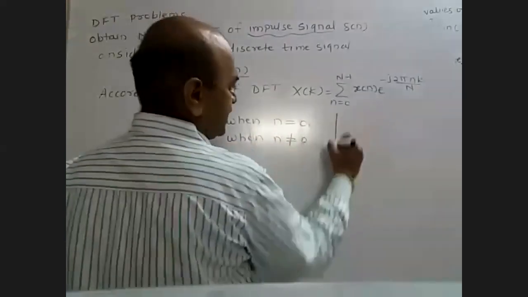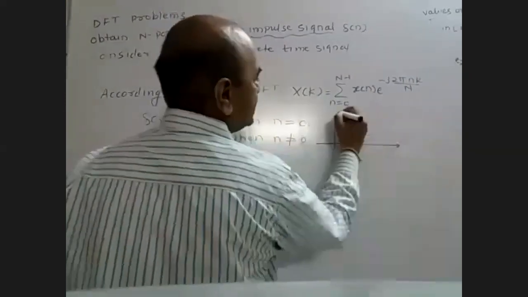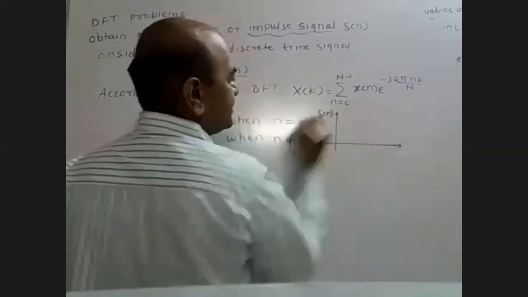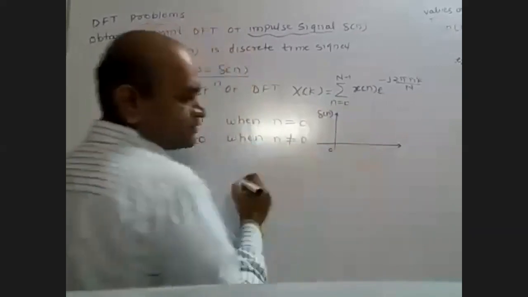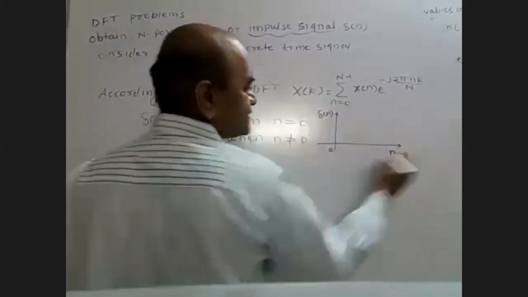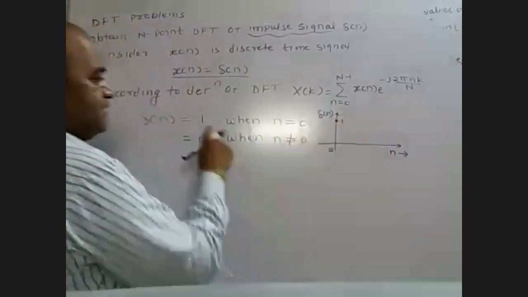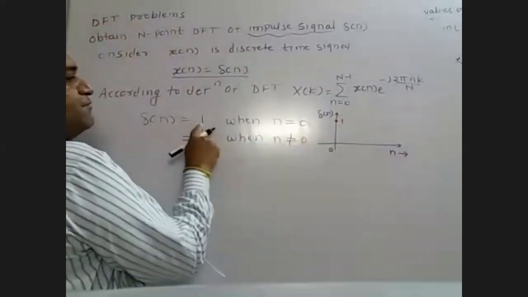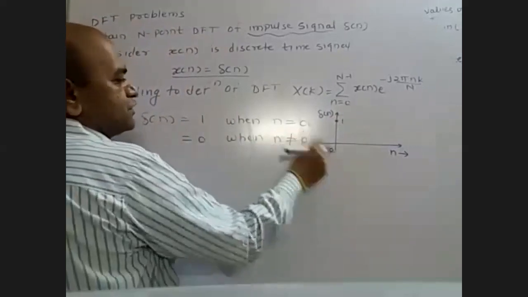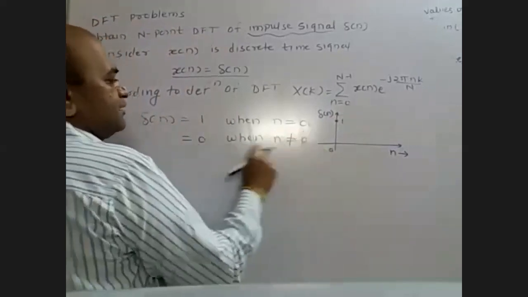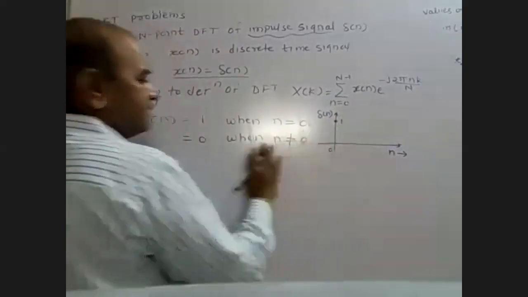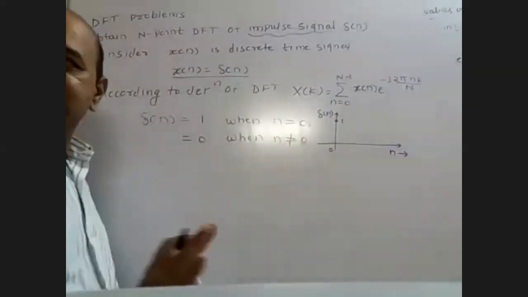By graph, we draw it like this: here the origin point is there, here is the n axis, and del of n has unity. So del of n will be 1 at n equal to 0, and in other cases it will be 0. So this is our definition.